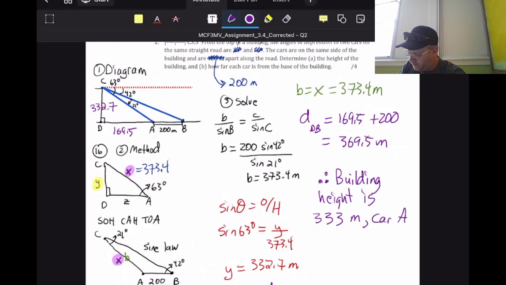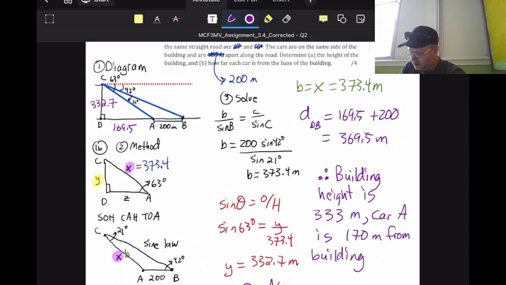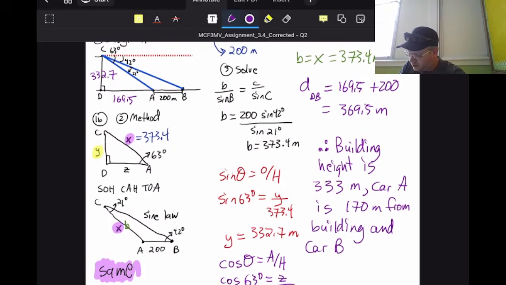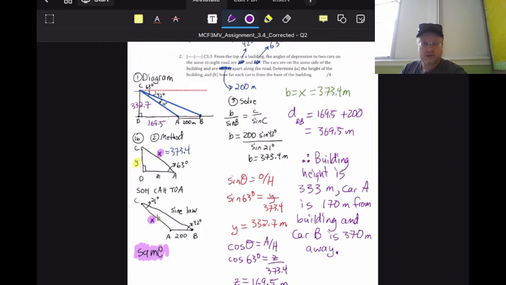Car A is 170 meters from building. And car B is 370 meters away. So that is conceptually how to answer this question.